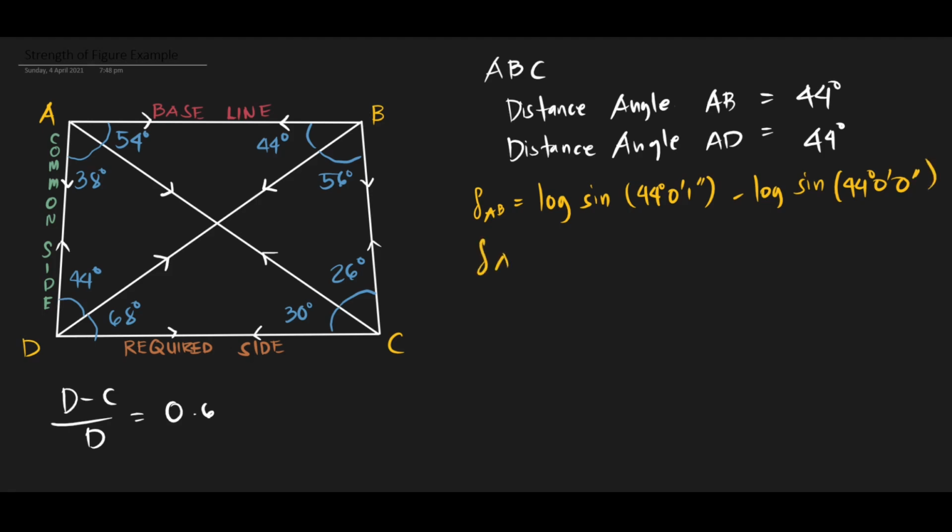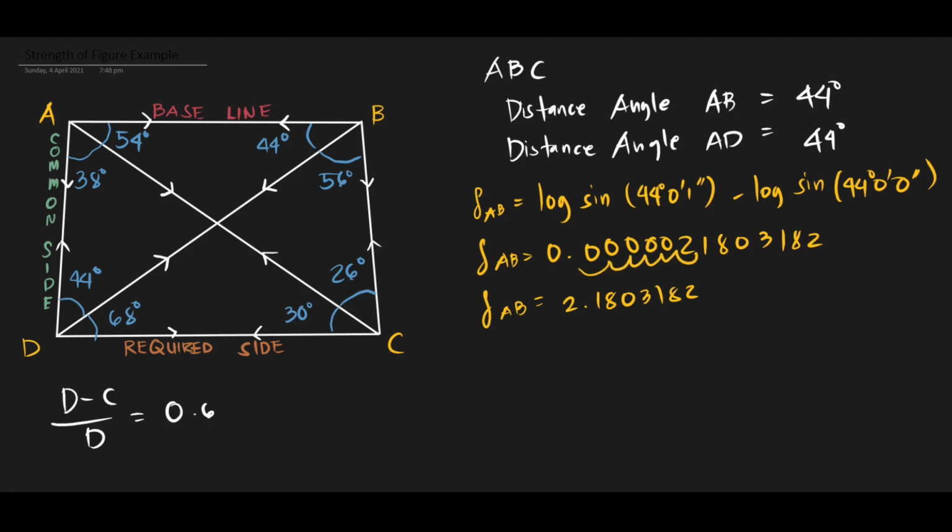Now if we calculate that, you will get 0.00000021803182, and then you will use 2.1803182. Okay, so the sixth place, right? Remember the definition: 1 2 3 4 5 6. The definition says the sixth place.